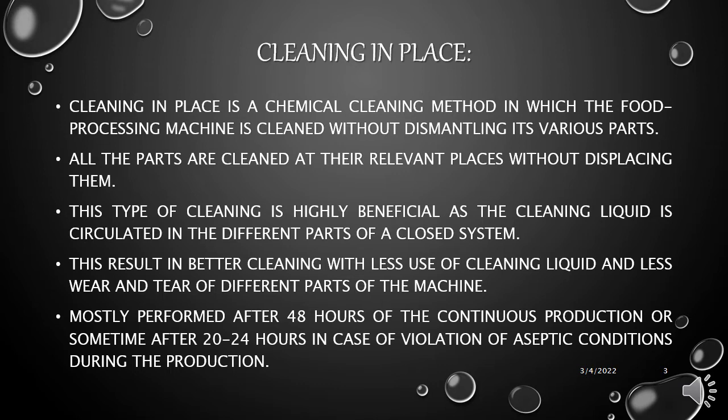So this is a highly beneficial type of cleaning, as the cleaning liquid is circulated in the different parts of a closed system. This results in better cleaning with less use of cleaning liquid and less wear and tear of different parts of the machines, because there is no need of dismantling the parts, so there is less wear and tear and fewer chances of breakage.